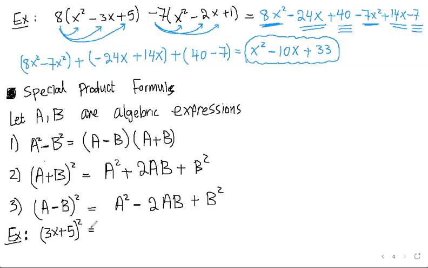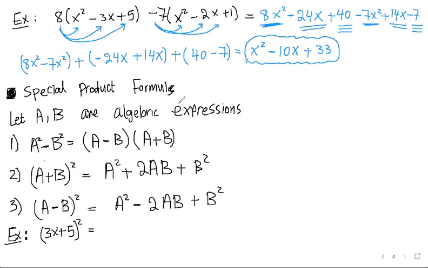It will be 9x squared plus 30x plus 25. Exactly. So he's thinking for this by using the second product formula.